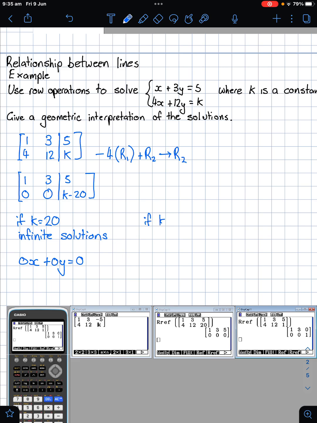If k does not equal 20, we have no solutions because you end up with 0x plus 0y equals a number, a constant of some kind.